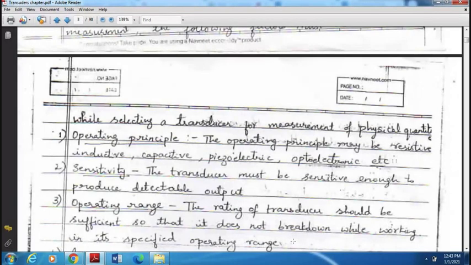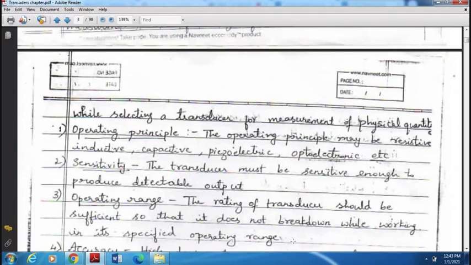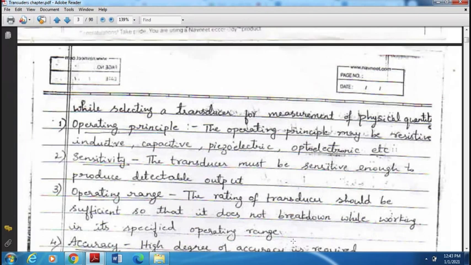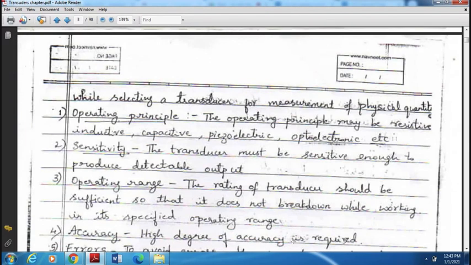To operate it, you should know the ratings of the transducer. If you take a particular range transducer and use it in a higher range application, it will not work appropriately. So based upon your application you have to select the range of the transducer, so that it does not break down while working and is suitable for your application.